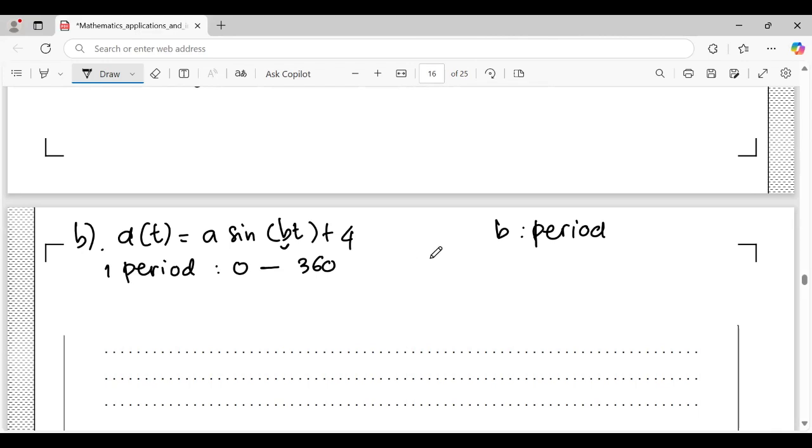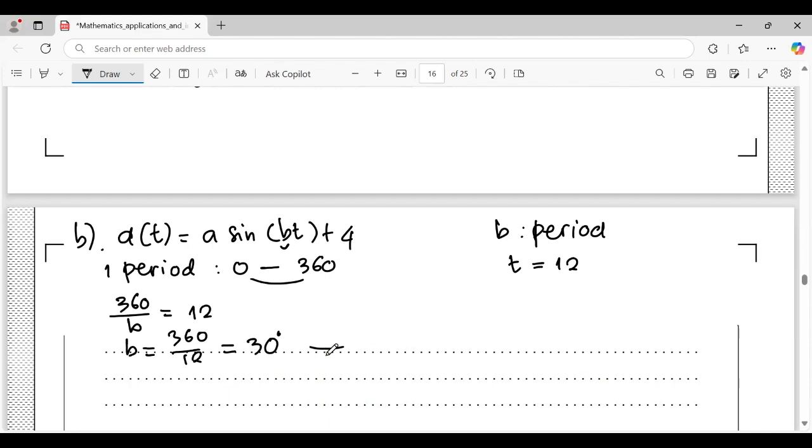Okay, so how do we determine B? This is the period, and one period is 360. It means 360 over B equals 12. Why 12? Because the time is 12. So B equals 360 over 12, which is 30 degrees.